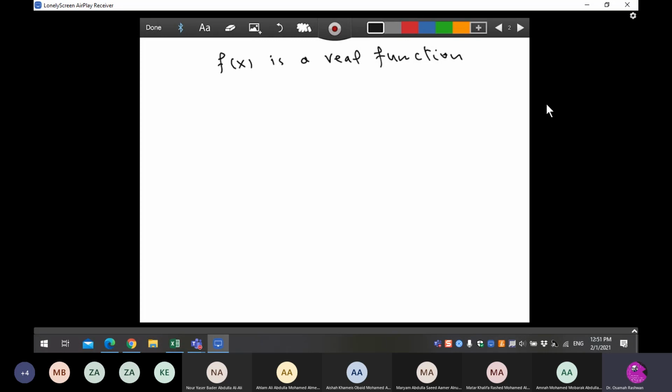Okay, fine, but f of z will be a complex function. Now we know how to graph the f of x in 2 dimensions. This is y, which is f of x, and you can graph it whatever it is, right? But how to graph the f of z?